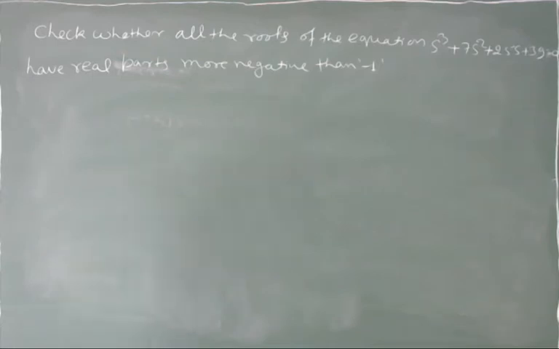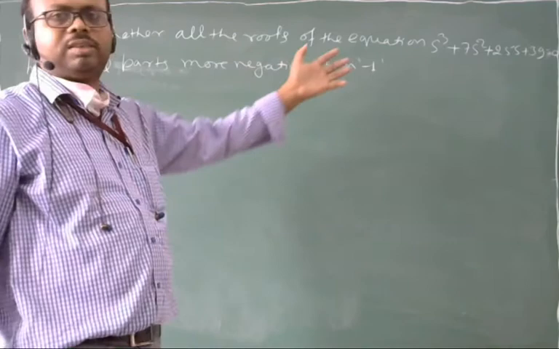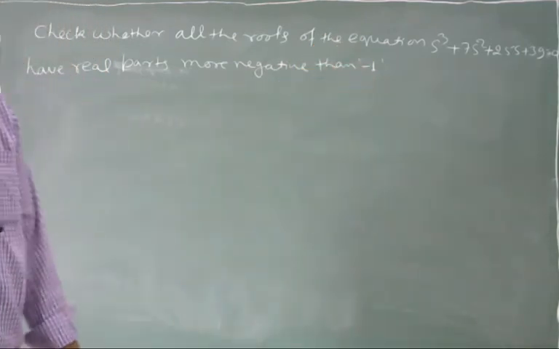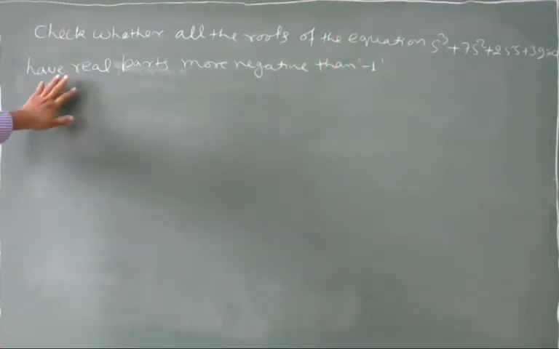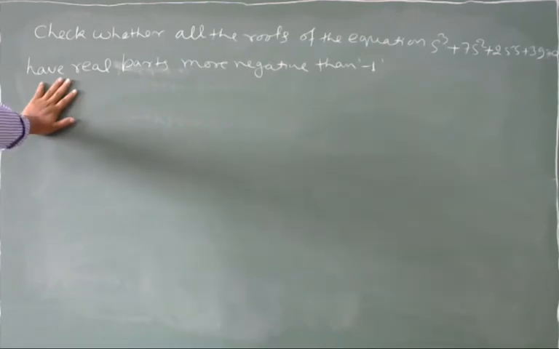Check whether all the roots of the characteristic equation, s cube plus 7s square plus 25s plus 39 is equal to 0, have real parts more negative than -1. So first of all, check whether the system's roots are negative or positive, right?